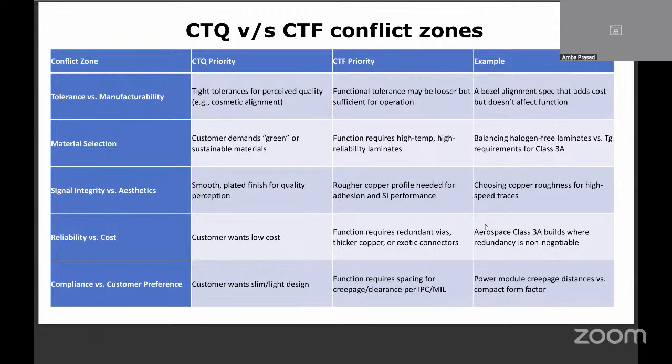But this is more or less solved because now, when we go for a design kit, even the ODMs, device manufacturers, are telling which material we have to use. So some people have started thinking very early. The shift left is happening here. So this is more or less solved. And signal integrity versus aesthetics, smooth plated finish for quality perception.